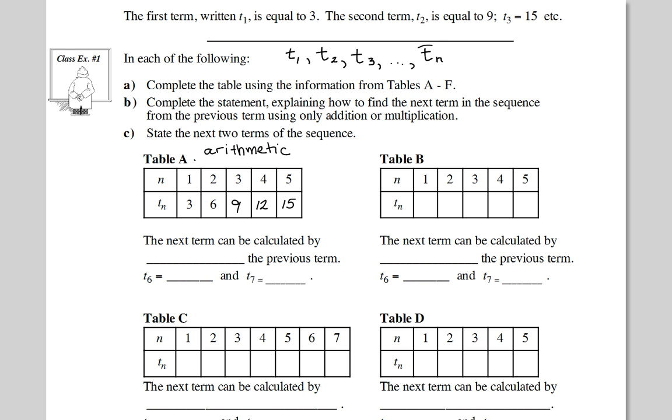So this is a big thing. This is the notation for sequences. This is the notation, Tn, where n is the number of the term, whether it's the 5th term, the 7th term, the millionth term, right? And Tn is the value of that term. Okay?